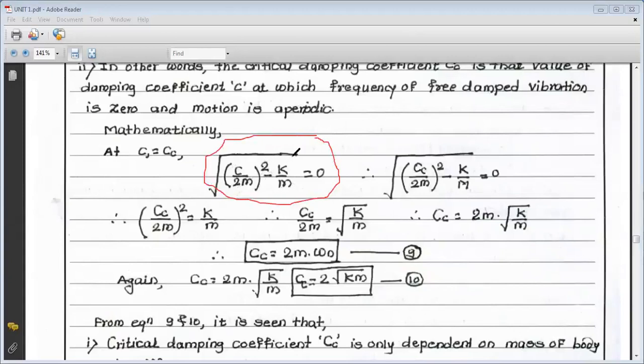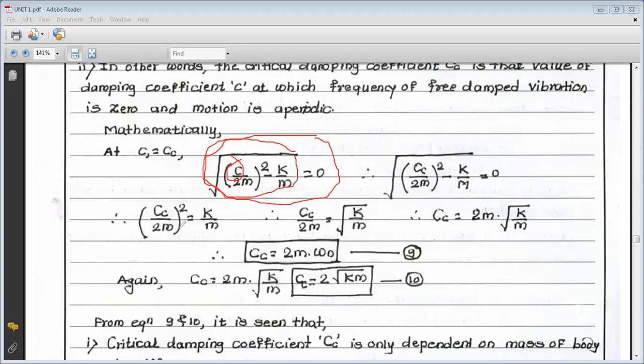If we equate this to 0, then this value of C becomes Cc. So the square root of (Cc upon twice m) whole square minus k by m is equal to 0. Now squaring both sides, we get (Cc upon twice m) whole square equals k by m.